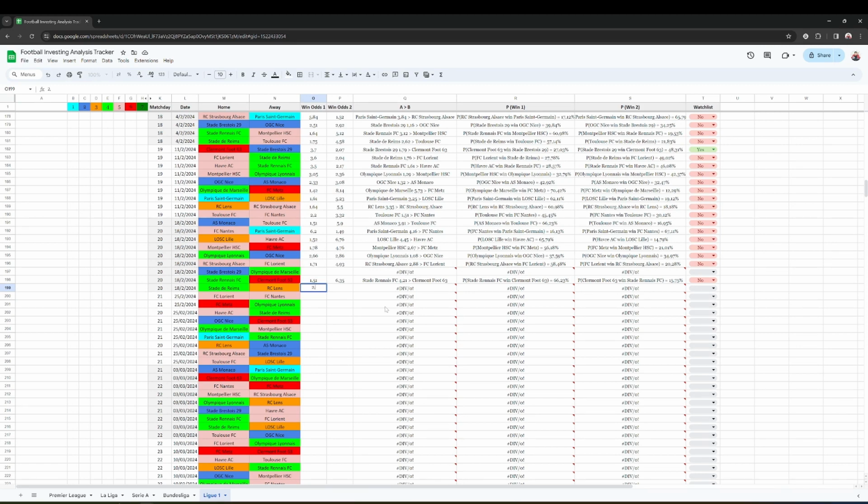This one is, so the market is saying, yeah, you're right that Lens is a better team, but Reims is playing at home, and therefore the advantage of Lens is minimal. I agree with that reasoning, basically, especially in Liga.